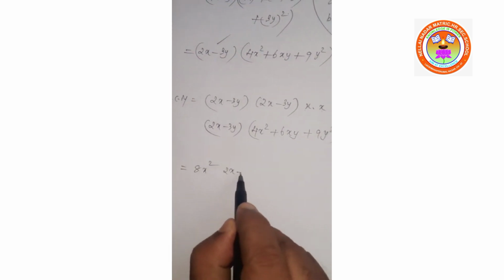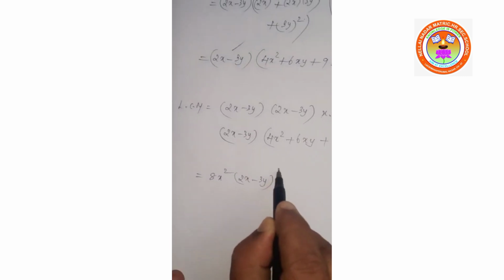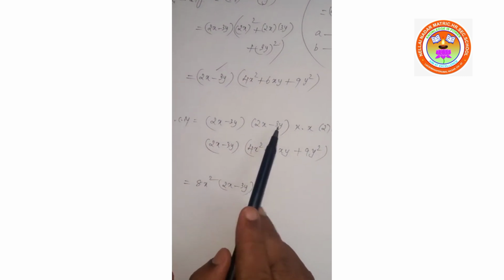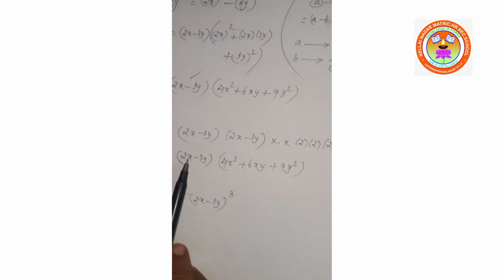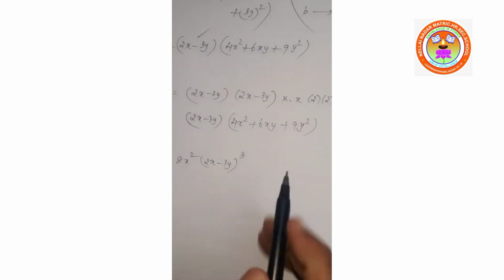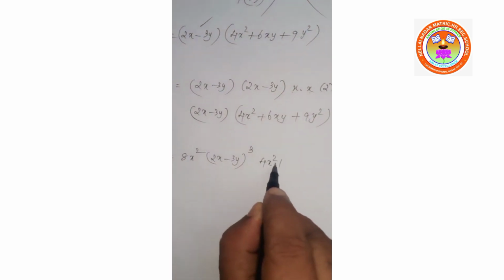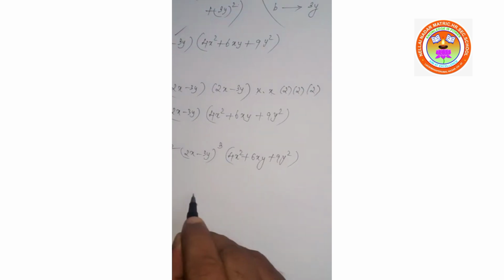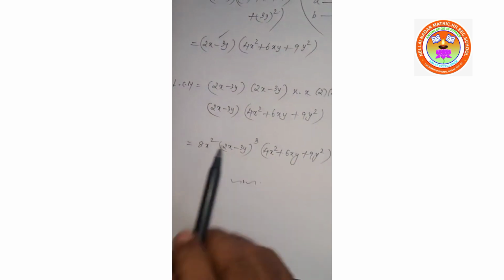So 2x minus 3y power 3. Okay, 2x minus 3y into 2x minus 3y is whole squared. If you multiply once again 2x minus 3y, power 3. Then the last one is 4x squared plus 6xy plus 9y squared. This is the LCM for the given three expressions.